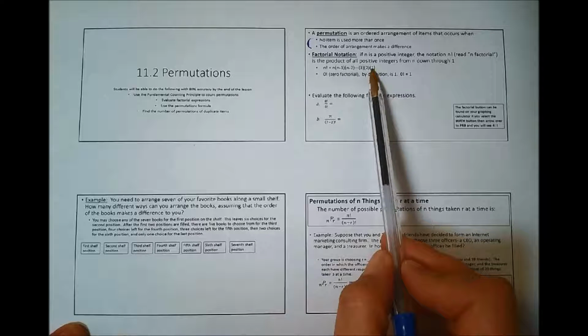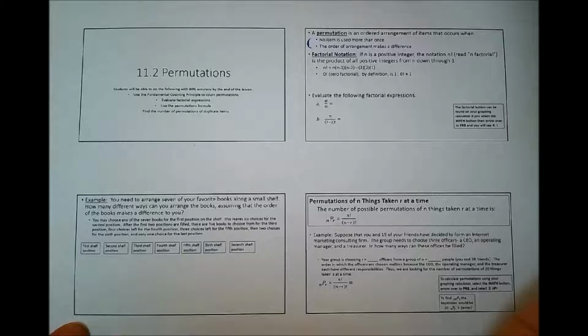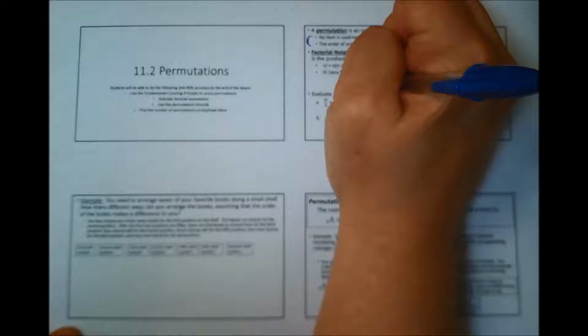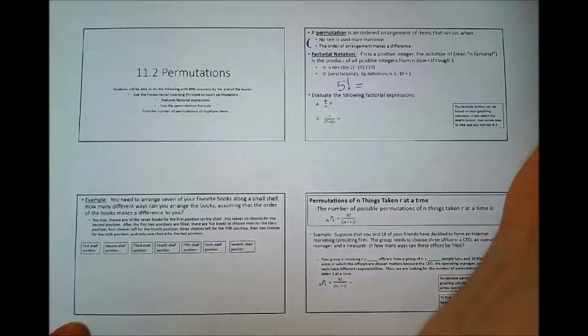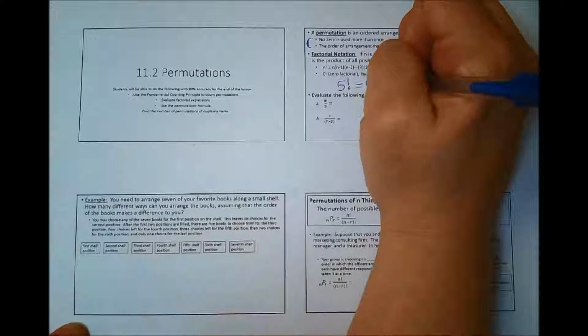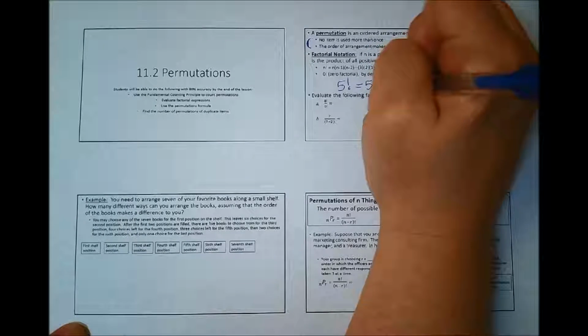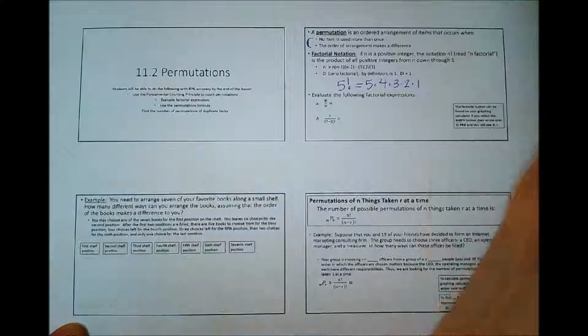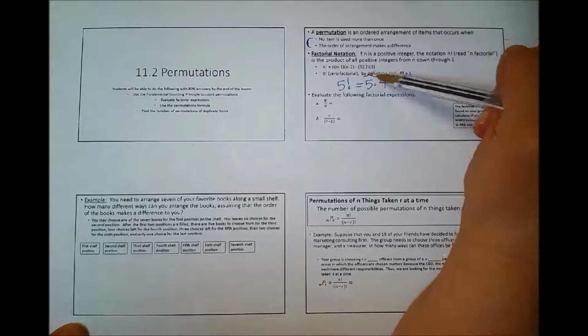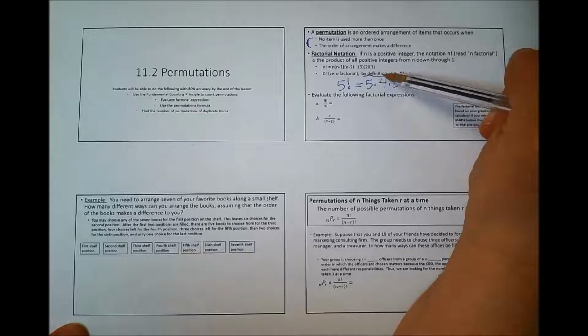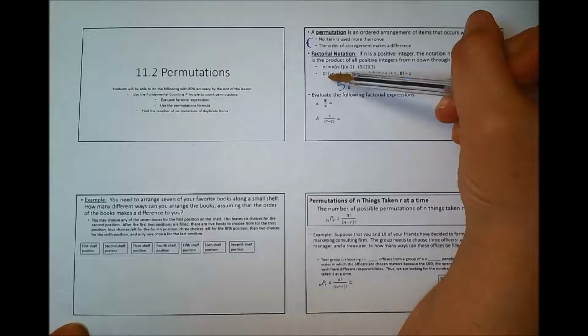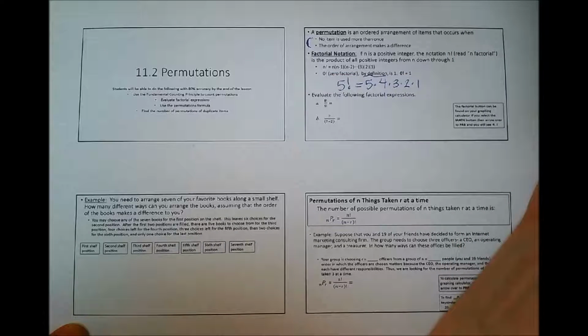For example, 5 factorial is 5 times 4 times 3 times 2 times 1. By definition, 0 factorial is 1. I don't think you're going to run into it, but 0 factorial is 1.